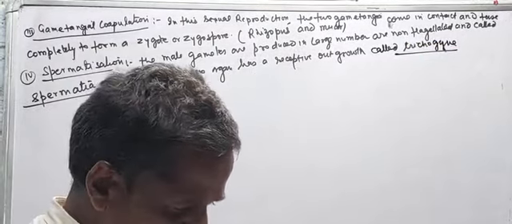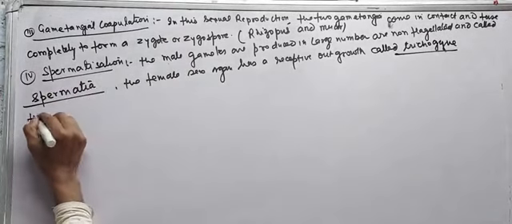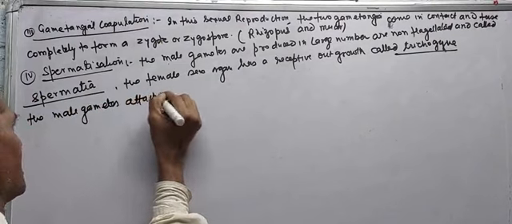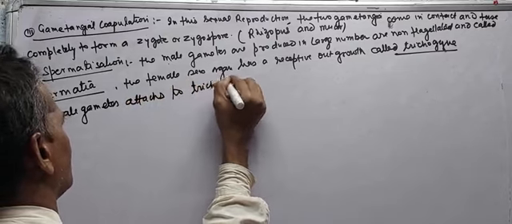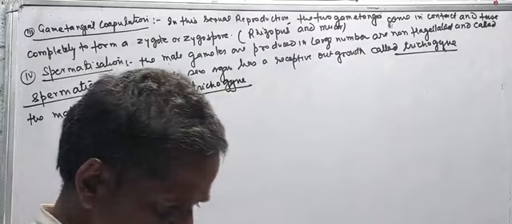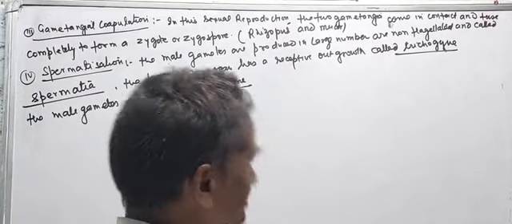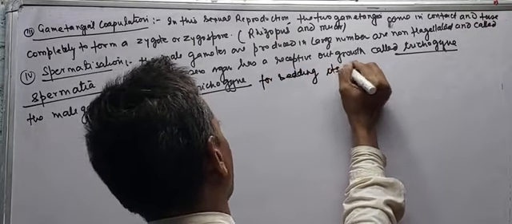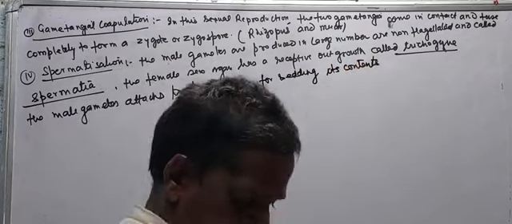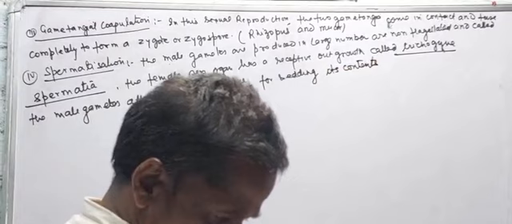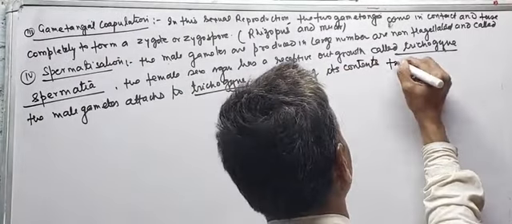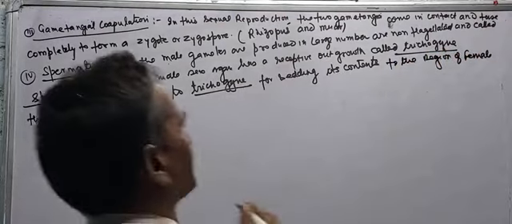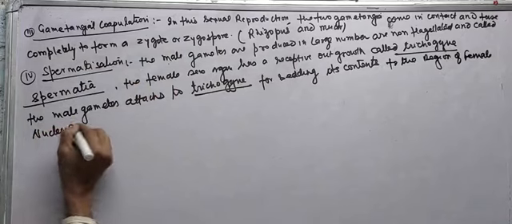The male gametes attach to the trichogyne for shedding their contents to the region of the female nucleus.